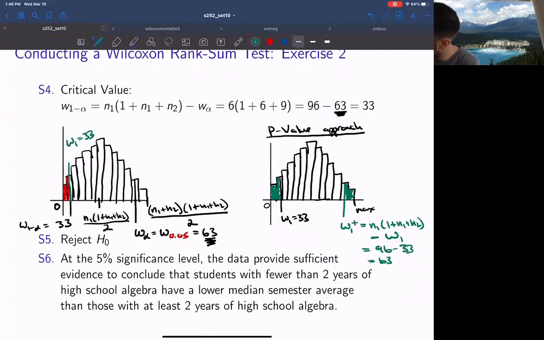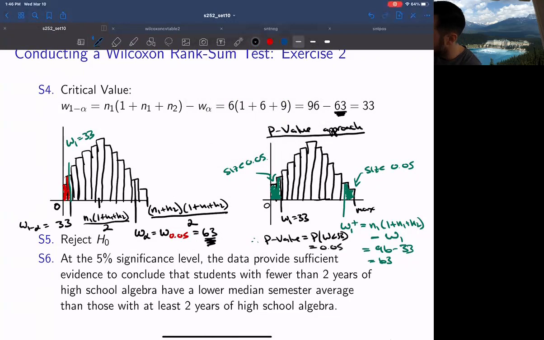So therefore, the p-value, which is the probability that W is less than 33, is equal to 0.05. And then since the p-value is equal to alpha, we can still reject.